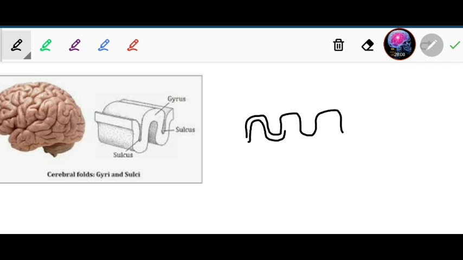This is the orientation of the sulci and gyri, right? So when we are seeing from the surface view, only these areas are coming into view, and the rest of the areas are hidden from our view. So that's why 2/3 of the cortex is hidden from the surface view within the walls of the sulci.